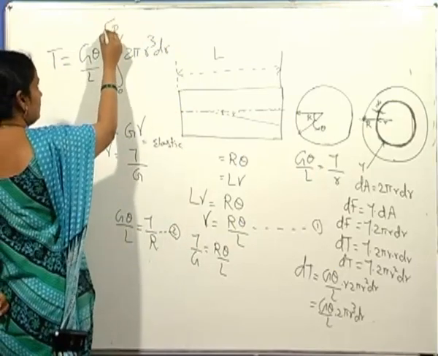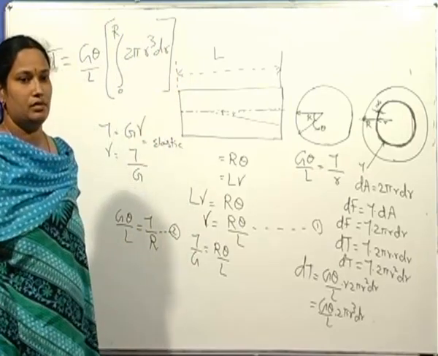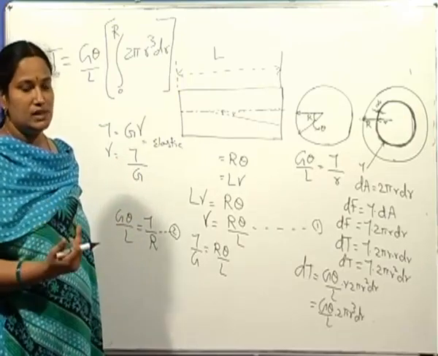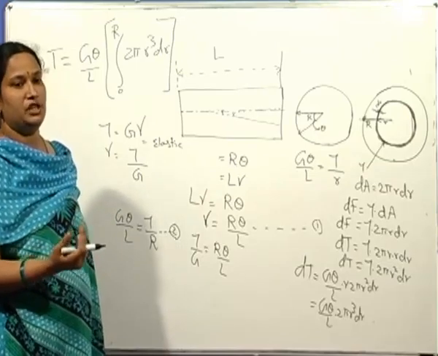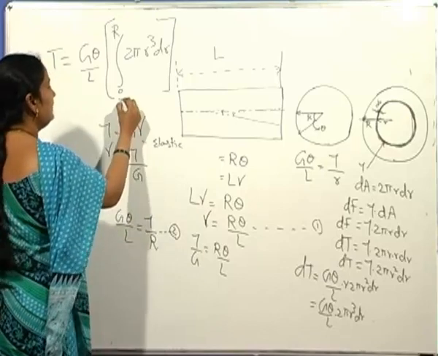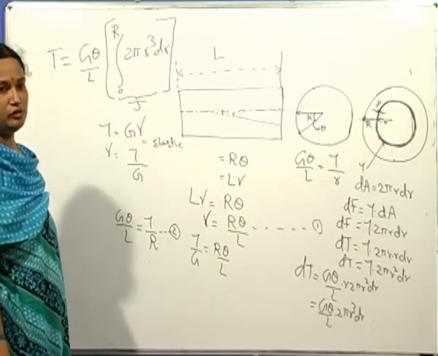So this integral is the polar moment of inertia, which is the ability of a material to resist this twisting moment or torque. The higher the polar moment of inertia, the more the resistance to twisting moment. This is indicated by the symbol J, which is known as polar moment of inertia.